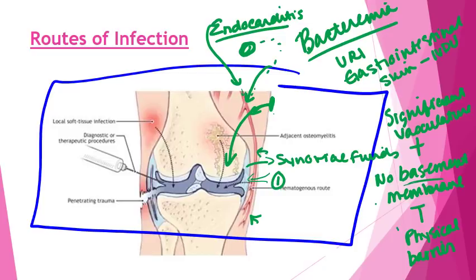Okay, so then the second way that we consider when thinking about routes of infection of a joint would be direct inoculation, which is kind of what's shown here. They're calling it diagnostic or therapeutic procedures or local soft tissue infection, but really the way we refer to this, it would be direct inoculation.